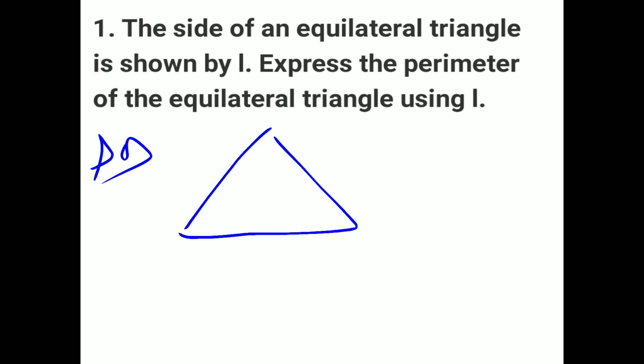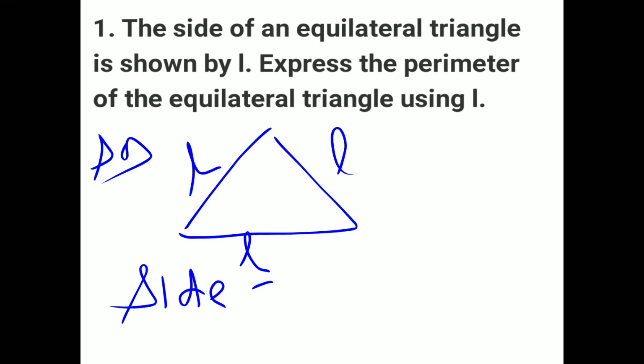The first question is, you have to write all the questions in the copies, and we do every question one by one. The side of an equilateral triangle is shown by the letter L. Now you have to make a figure. Make a triangle, and all its sides are L, L, L. You know that the side of the equilateral triangle is L. Now you have to write down the perimeter of the equilateral triangle.